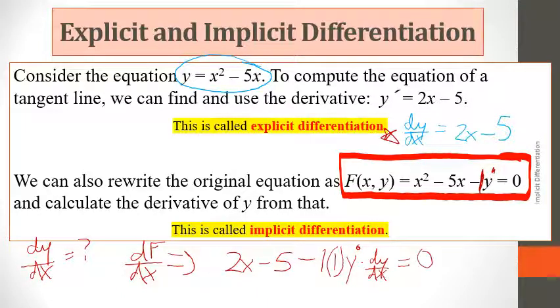So we get 2x minus 5 minus dy dx, because all of this is a 0, all of this becomes 1, equals 0. And then we get 2x minus 5 equals dy dx, which is the same derivative. So perhaps it's confusing on where did that dy dx come from. So let's look at that next, and that is based on the chain rule.